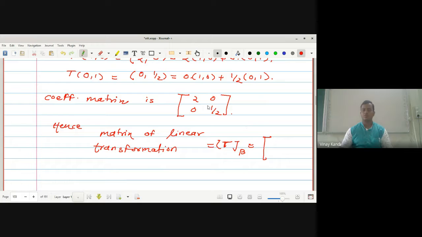Transpose of this one. What is the transpose of this one? First row becomes first column here, 2 0, and second row becomes second column, that is 0 1 by 2. Hence this is the matrix of linear transformation.